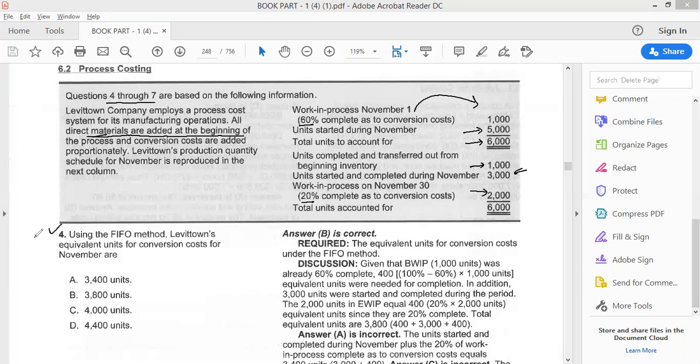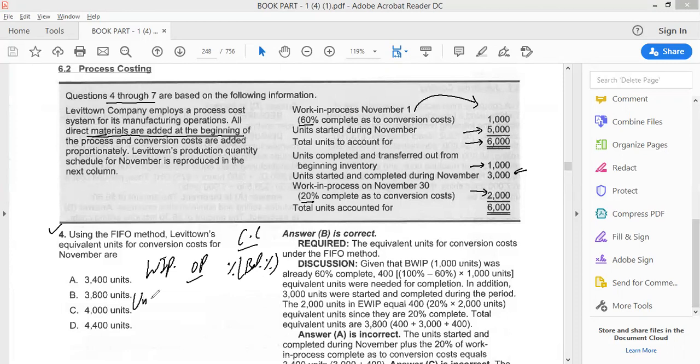Here, let us go through question number 4. It says, using the FIFO method, Leviton's equivalent units for conversion cost for November. So we have to calculate equivalent units of production for conversion cost by using the FIFO method. Students, you can refer to our previous video. Remember, I wrote the formula. I said that for work in process opening, take the percentage, and in the bracket I mentioned the balancing percentage.